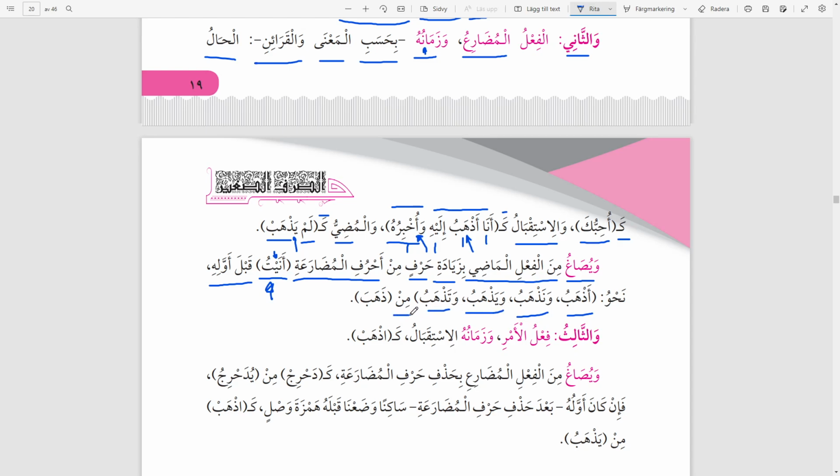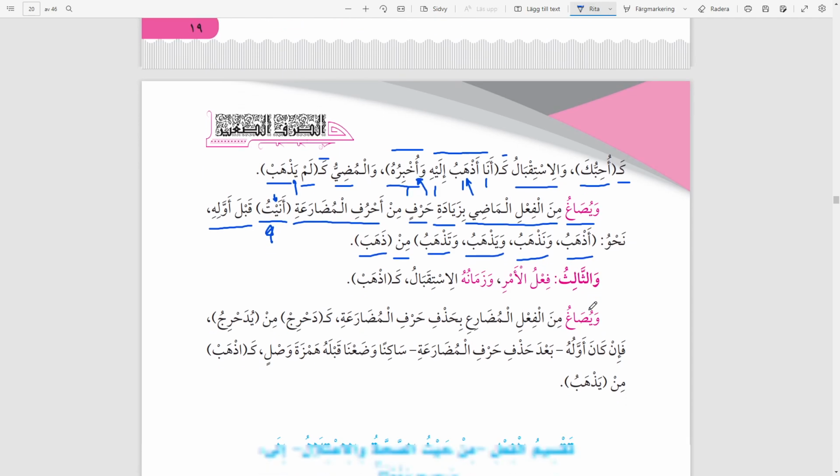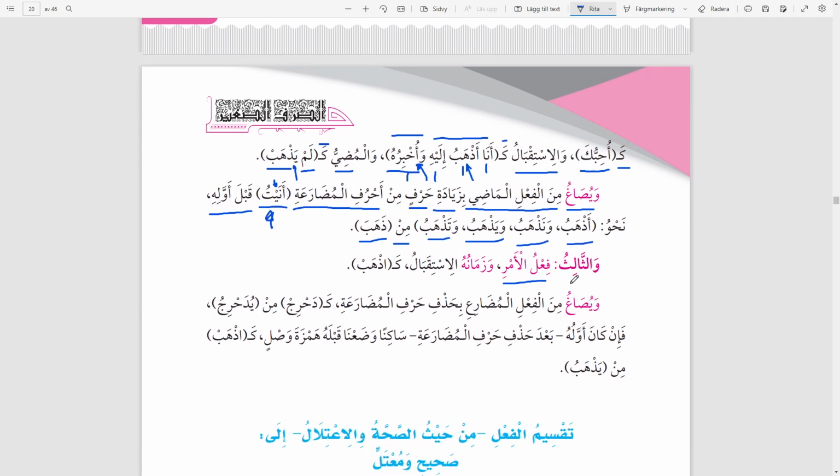You extract those four kinds of present tenses. It's just one present tense actually, from the past tense ذهب. So in a way, you might say that the present tense is a derivative of the past tense.